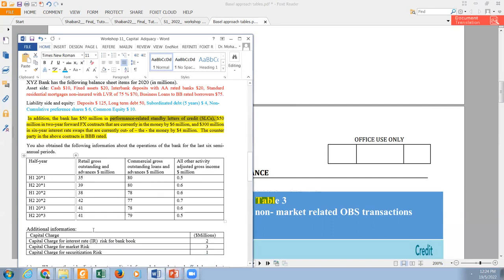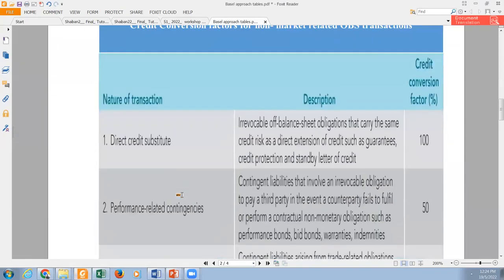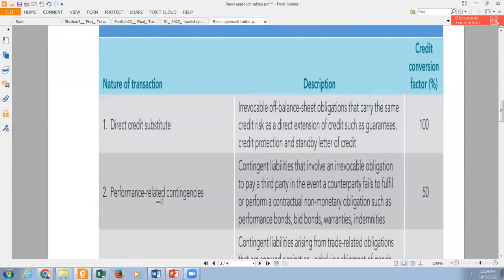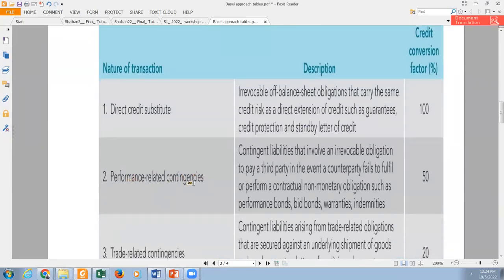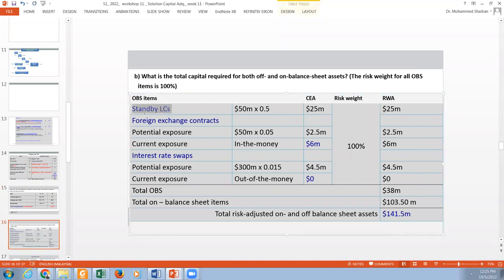I just want the weight, and the weight in table 3, if it is performance related contingencies, as it is mentioned in the problem, the rate is 50%. So if we go to the problem of the off-balance sheet, we will find the standby letter of credit is 50 million and the conversion is 50%.